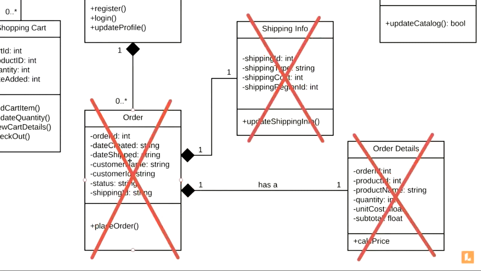Now let's see the multiplicity here. First read this. Tell me. Order has exactly one shipping info, right? And read this.